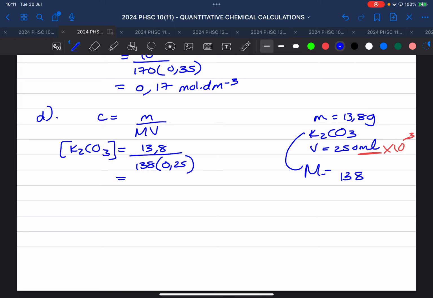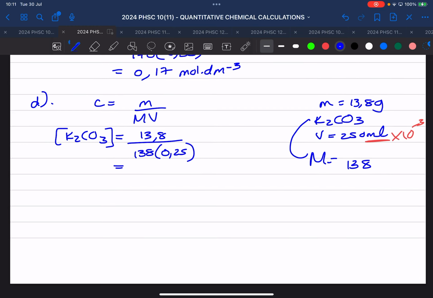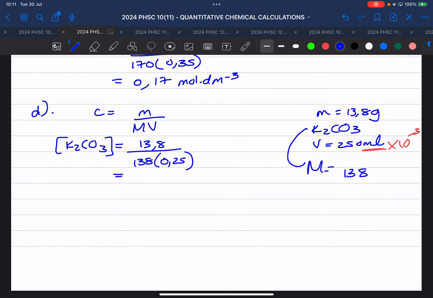Remember, the square brackets stands for concentration of. So concentration of the whole thing. And if you calculate that, what do you get, Rele? Okay, 0.4. But they did not ask for the whole thing. They asked for the concentration of just the potassium ion. So what are you going to do?